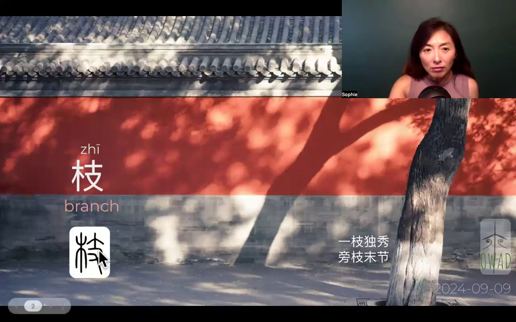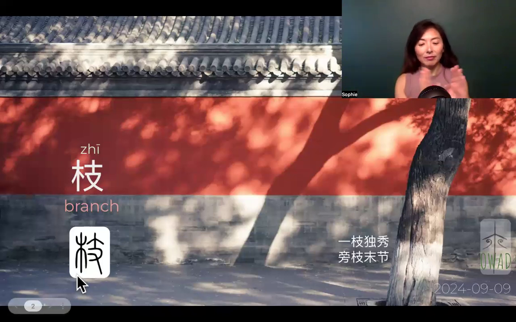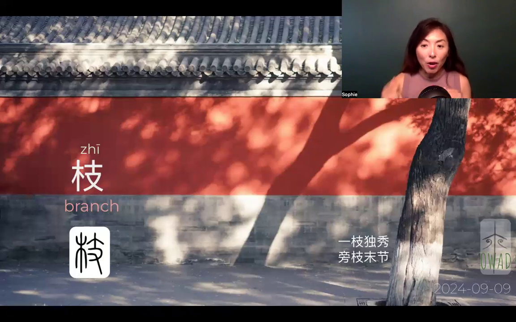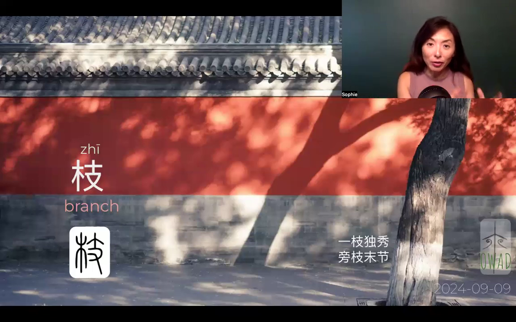So this 知, pronounced as 知, paired with the tree symbol, makes it even more obvious that the branches we use for cooking, or twigs we use for cooking, came from this tree. And now we're talking about that thing we use for cooking as part of the tree.